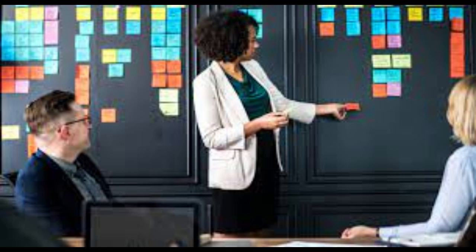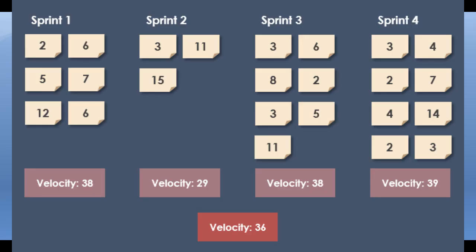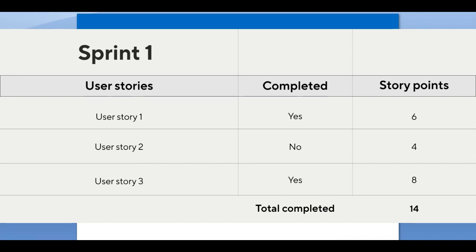Then velocity. Velocity is a measure of how much work a team can complete in a given iteration or sprint. It is expressed in story points. That means how much work a software development team will complete in one iteration, which is called a sprint. A sprint is a 3 to 4 week time period.